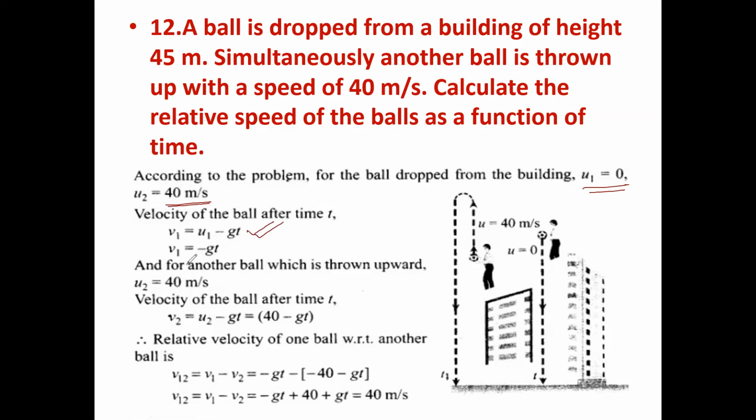So v1 is equal to minus gt, since u1 is 0, it is just dropped. For the other ball which is thrown upward, v2 is u2 minus gt, that is 40 minus gt. Relative velocity with respect to each other is v12 is v1 minus v2. So when you calculate the relative velocity, you get 40 meters per second. As simple as that.